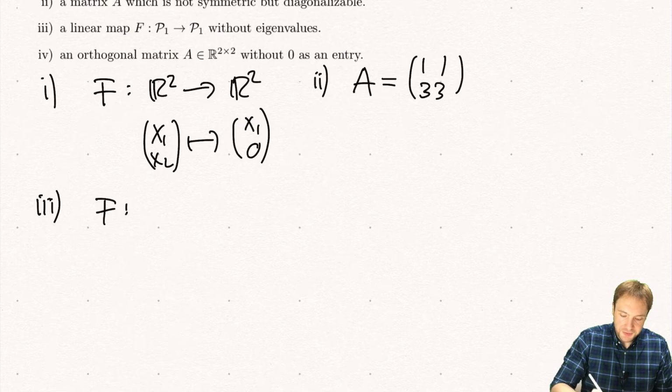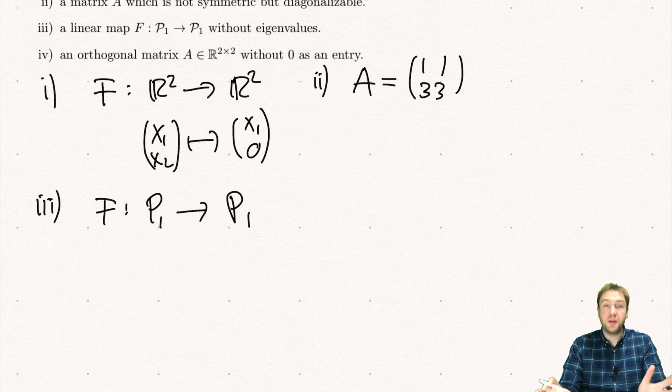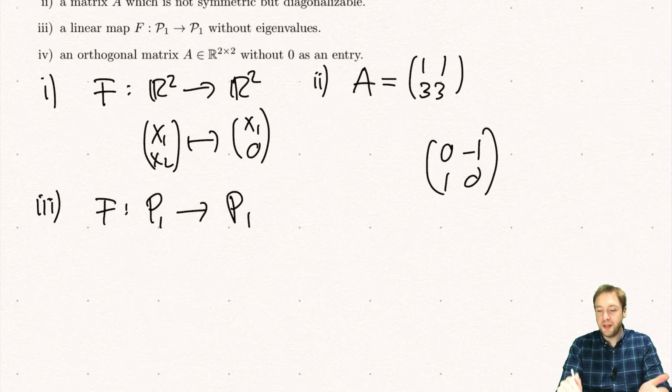And there we can choose the following. If you want to give an example of something without an eigenvalue, you should always have this matrix in mind, because this was our standard example of a matrix without eigenvalue, since the characteristic polynomial is lambda squared plus 1.